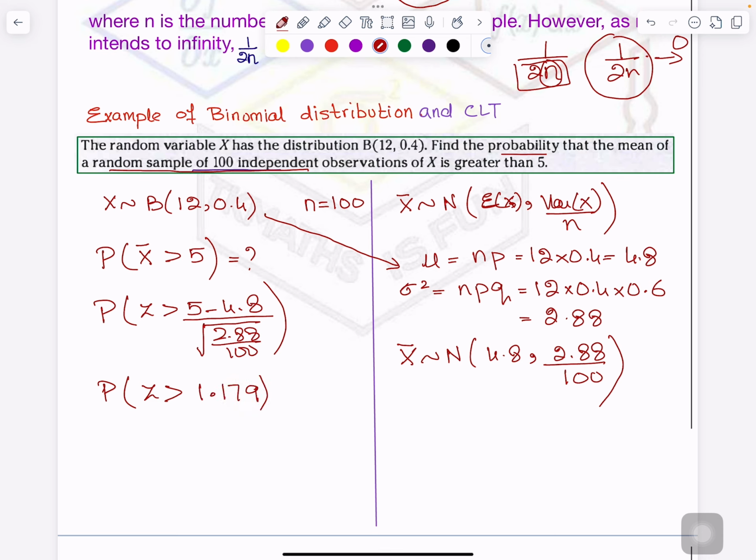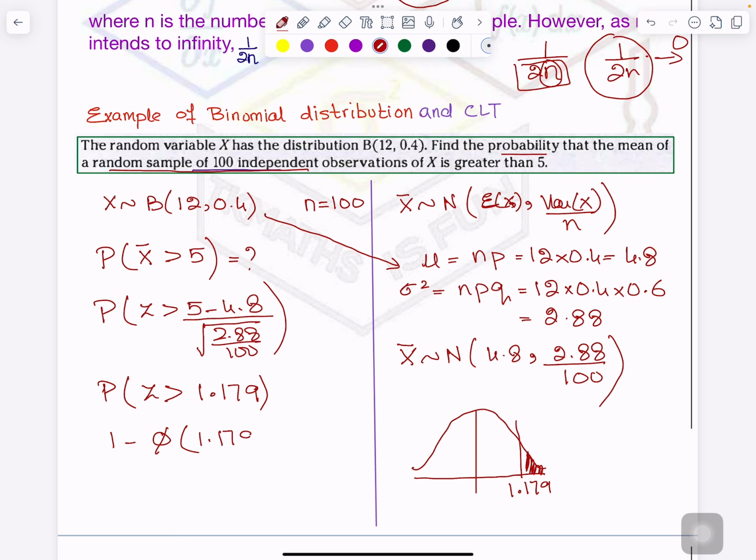Now if I see with the help of a diagram, I'm talking about the right hand side area, and my value of z is 1.179. I have to calculate this area. So what should I do? 1 minus the left hand side probability.